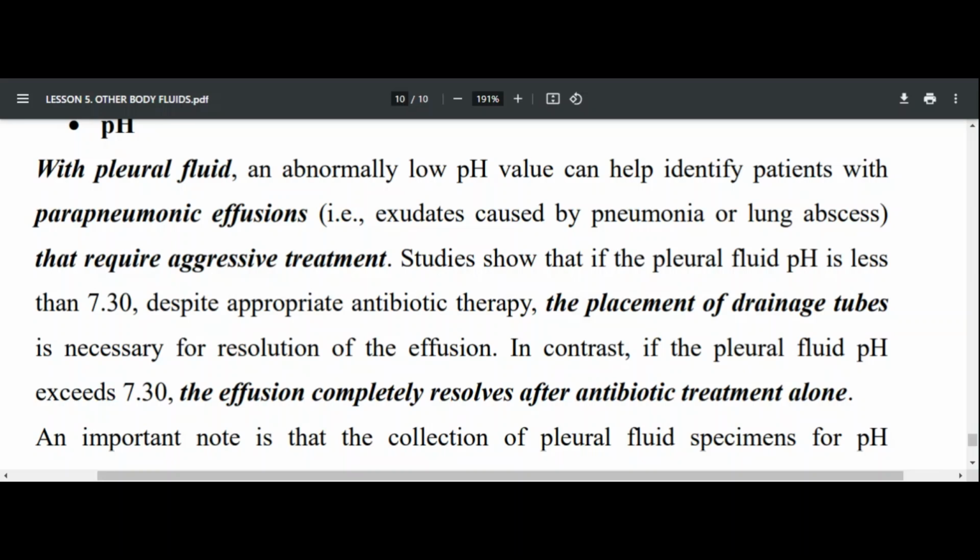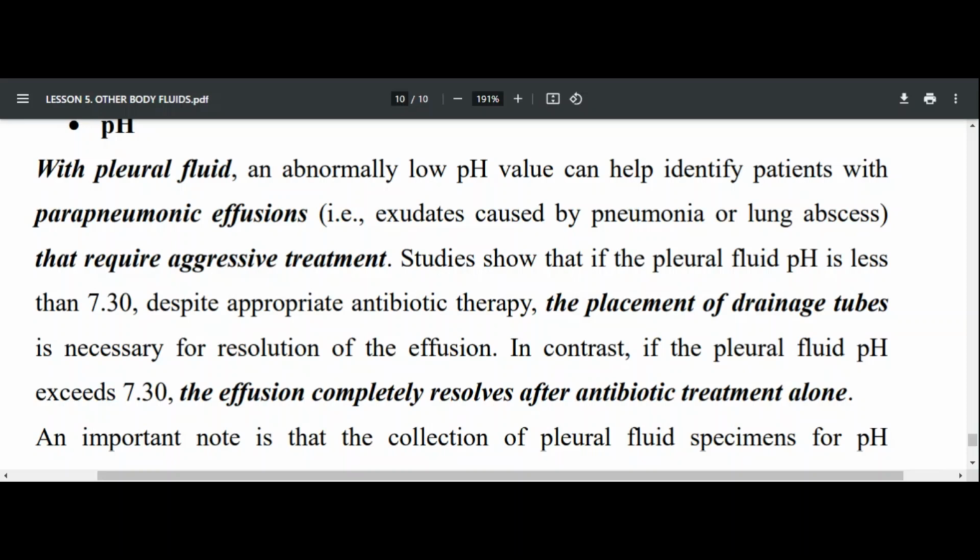So it is called parapneumonic effusion, and this normally is associated with an acidic pH. When the pH is less than 7.3, despite appropriate antibiotic therapy, the replacement of drainage tubes is necessary for resolution of the effusion. Otherwise, when it is above 7.3, this can actually be resolved by antibiotic treatment.